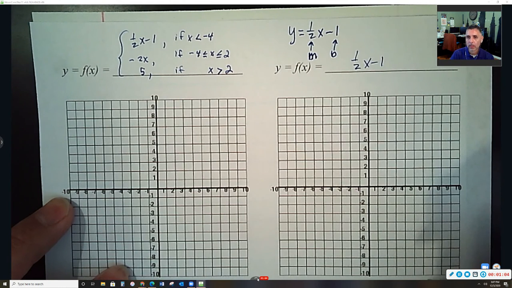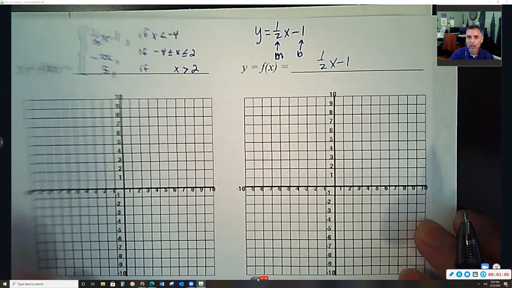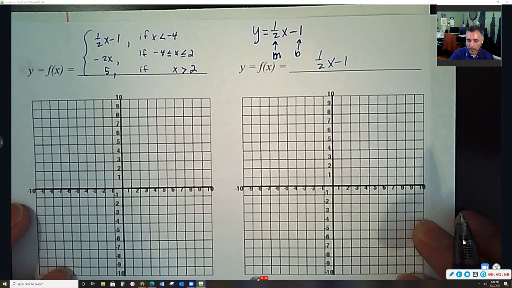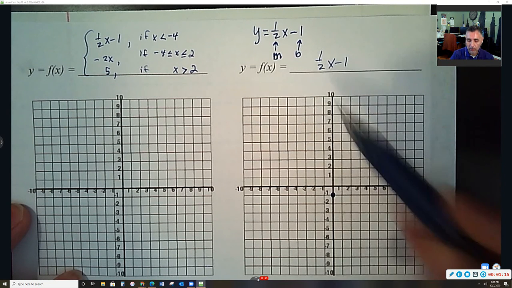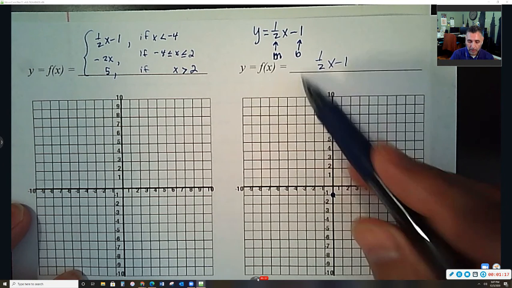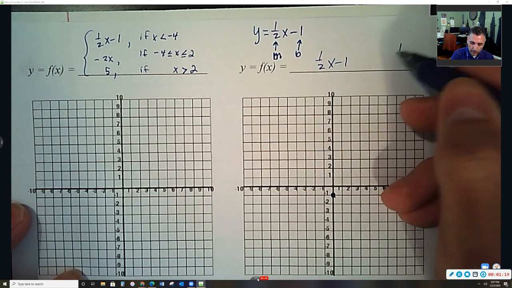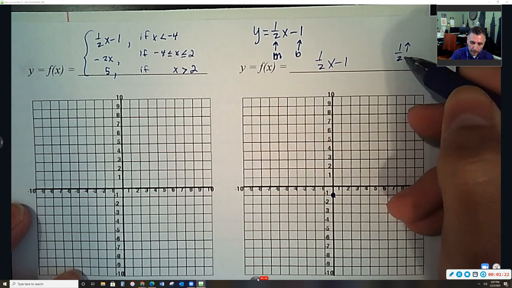Okay, so to graph that, hopefully you remember the shortcut: the first thing you do is put down where the y-intercept is. The y-intercept is -1, so I put a point on -1, and then you use the slope to find a new point.